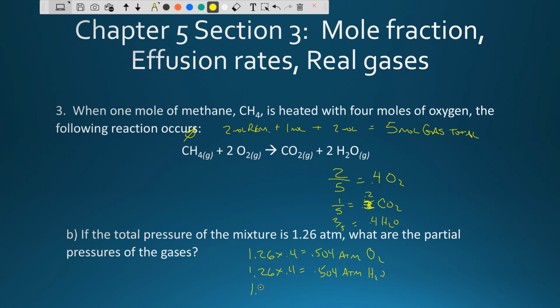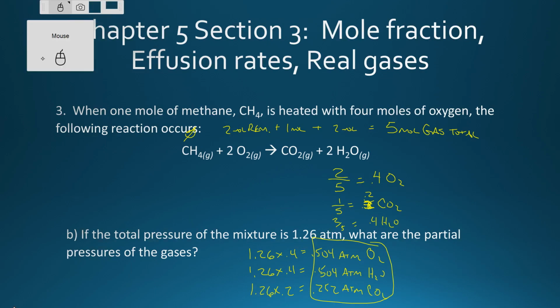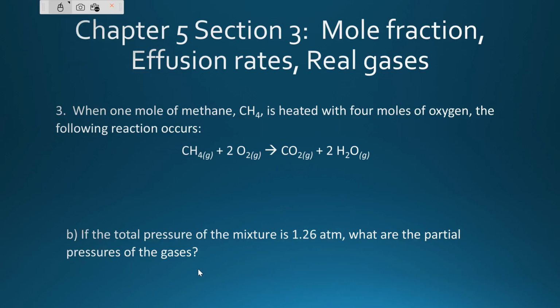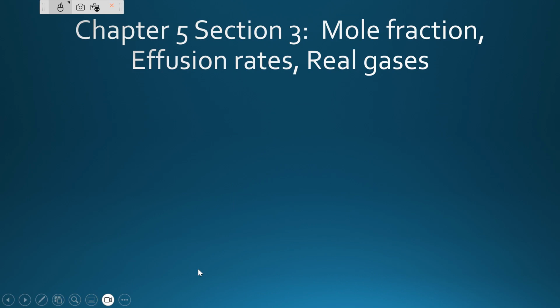And then lastly, 1.26 times my 0.2, that will end up giving me 0.252 atmospheres, and that'll be of my carbon dioxide. Okay, so mole fractions will give us our pressures, and so pretty straightforward. I'm taking a look at the total pressure once the total pressure is given.